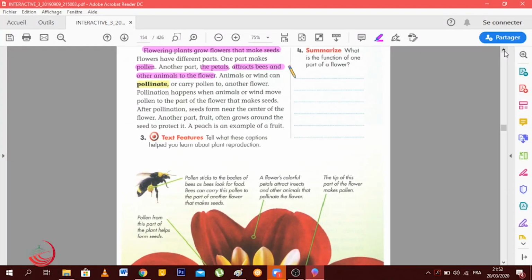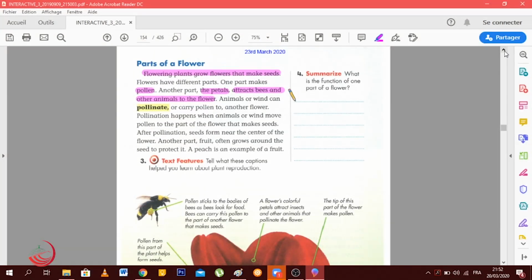Or wind, when there is wind, the wind moves the pollen from one flower to another. So why is this pollen moving from one flower to another?